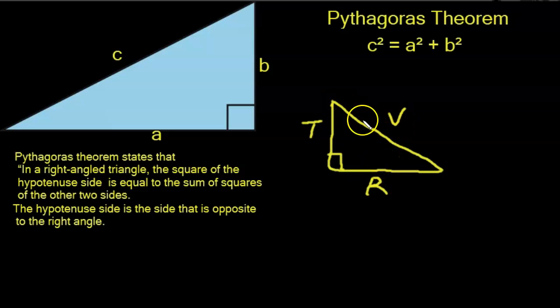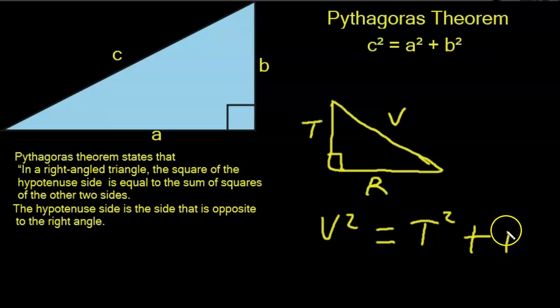So the longest side square, or the hypotenuse side square, which would be V, so V square, is equal to the sum of squares of the other two sides. So it will be equal to T square plus R square. Or you could write R square plus T square on the right hand side. It doesn't matter.